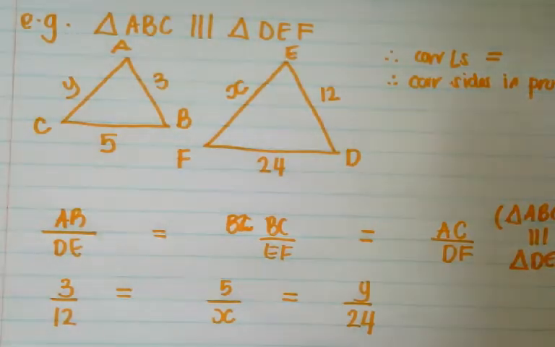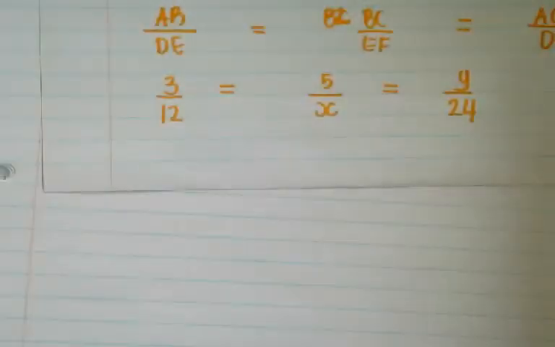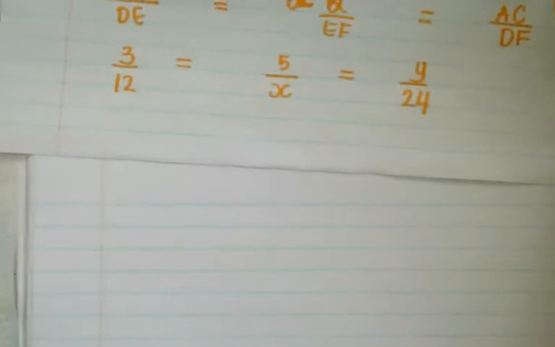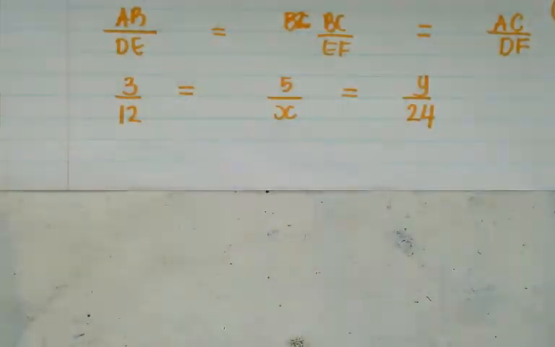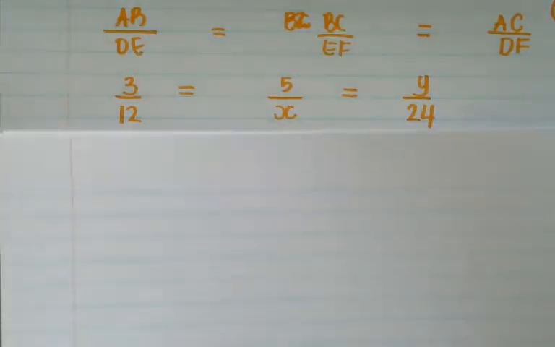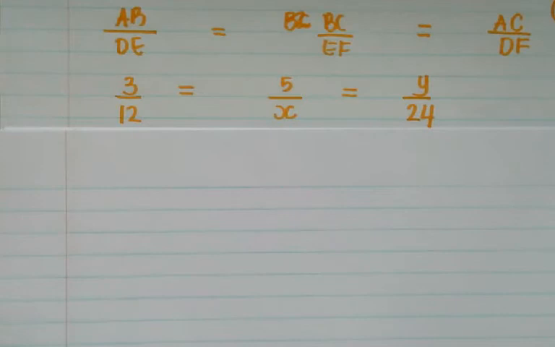So I'm just going to move this up so you only see the ratios. When it comes to solving these missing sides, we only have to deal with 2 fractions at a time. We don't deal with all 3 in one calculation.